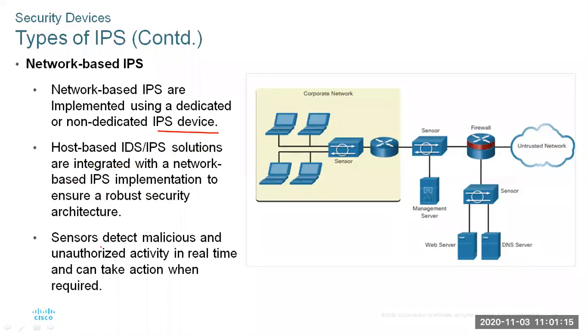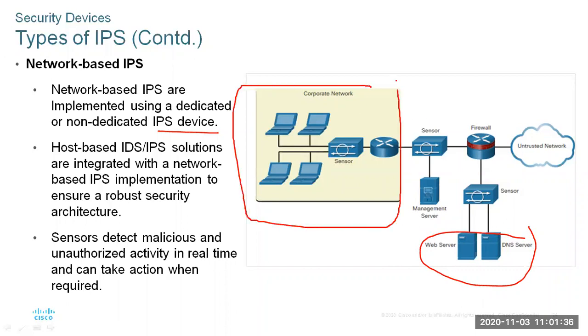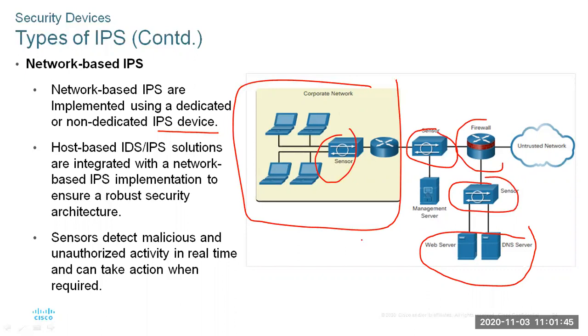Sensors detect malicious and unauthorized activities in real time and can take action when required. So you have your DMZ or your servers here, you have your local area network here, you can have a sensor, then you have your firewall, and then you have a sensor.